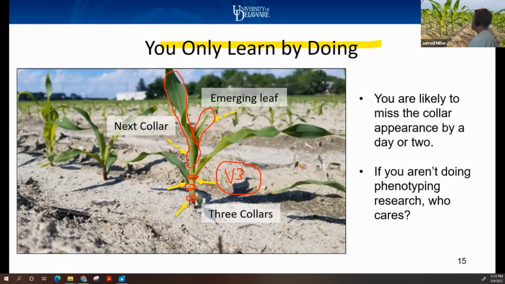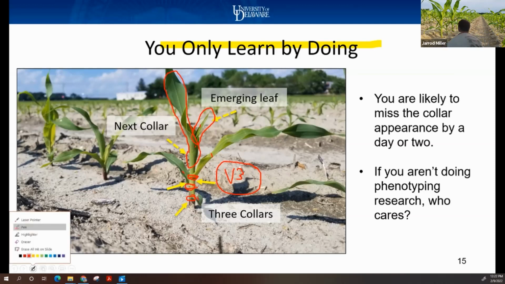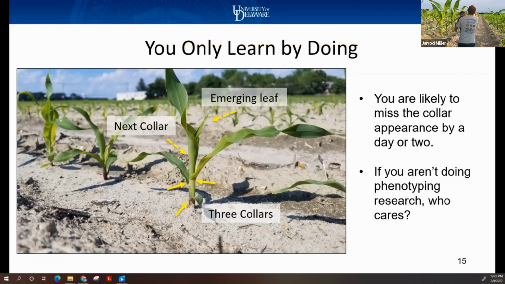Because in this case, you'd have 1, 2, 3, 4, 5 leaves, and it's not V5. It could be if someone decides to trash this system and completely redo it, which isn't going to happen. That's my point, though. The whole thing is made up. So just understand what people are saying and then try to do as similar as possible.